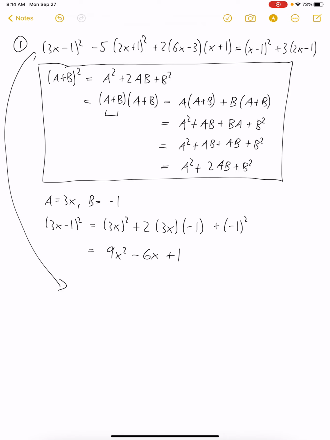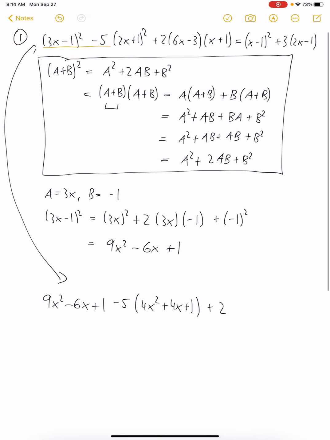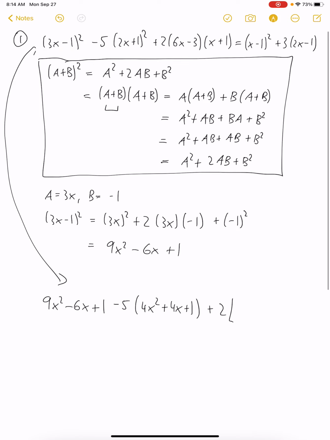We know that this equation is 9x² − 6x + 1. Then we have 5 times, using the same formula, 4x² + 4x + 1. Then we have plus 2 times, and we will use the same trick we used before, a big bracket: 6x(x + 1) − 3(x + 1).